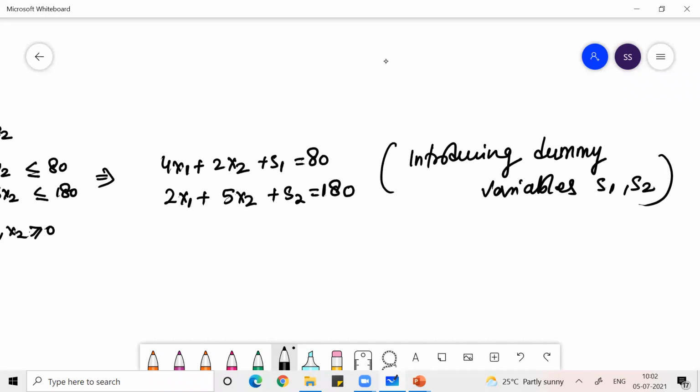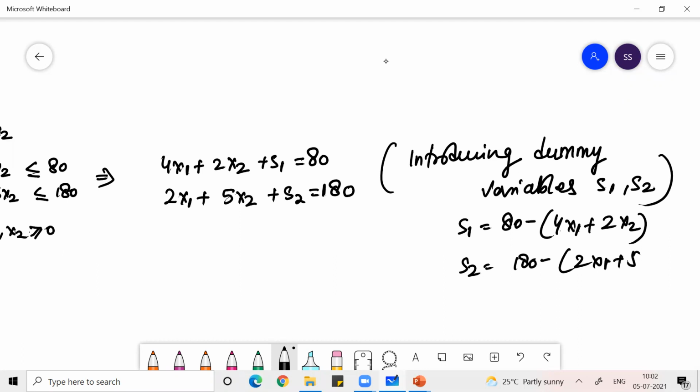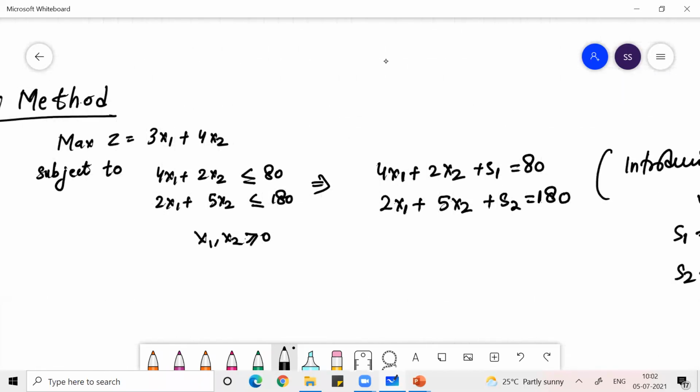So what is S1 basically? S1 is basically 80 minus (4x1 plus 2x2). And S2 is basically 180 minus (2x1 plus 5x2). You have to understand this. The value of 4x1 plus 2x2 is either less than 80 or equal to 80.